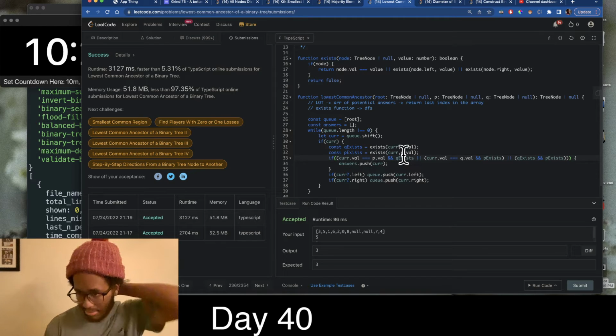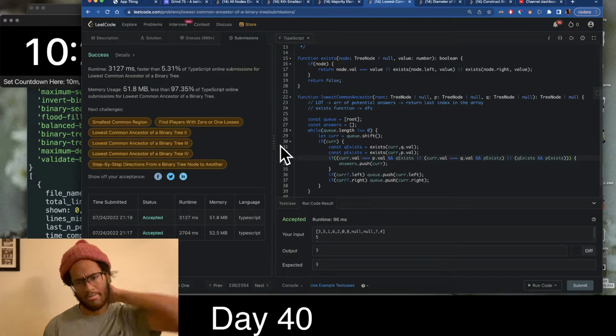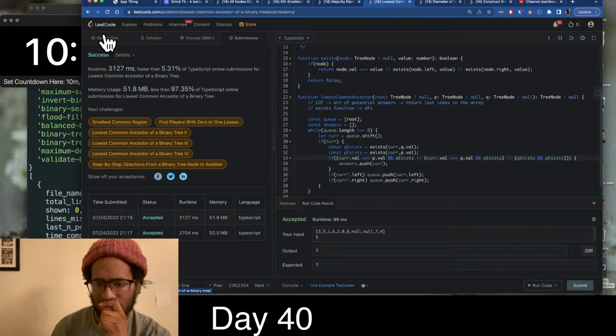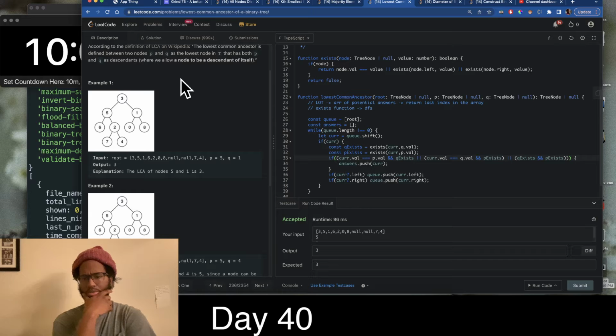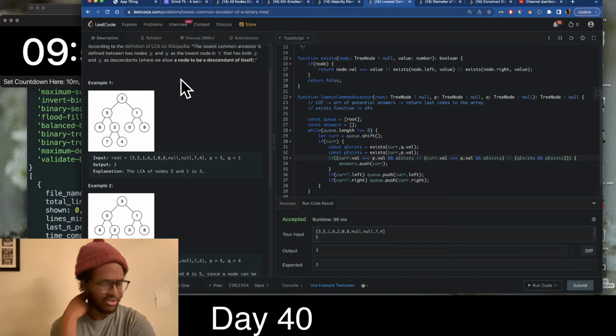So this is actually the same exact speed. Actually, it's even slower. So the time complexity of this would actually be, for each node, we're checking the value exists. So we could speed it up just a little bit by having the exist function return a map that we can check if p exists.